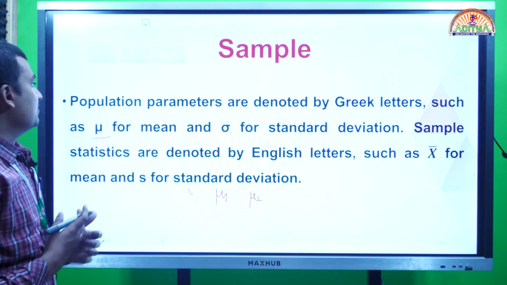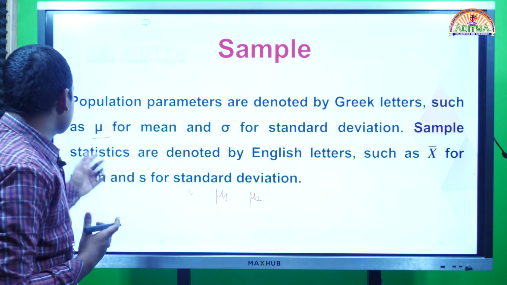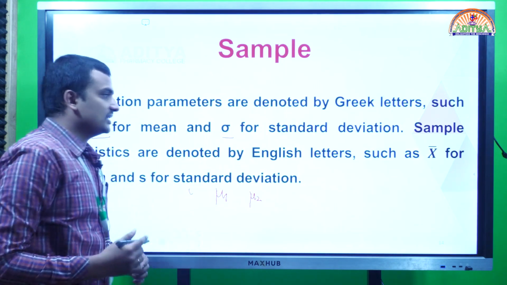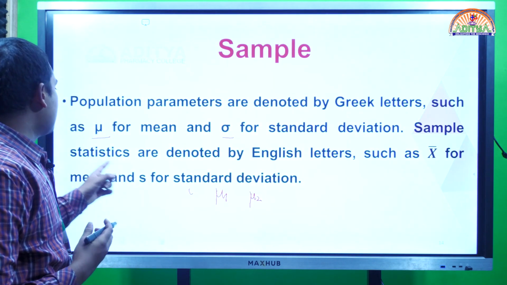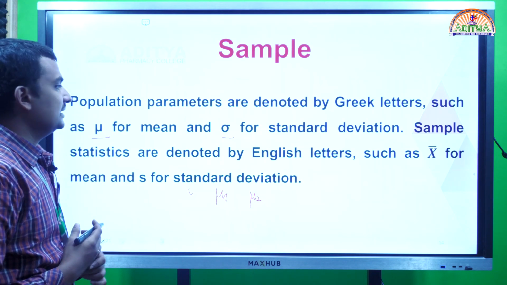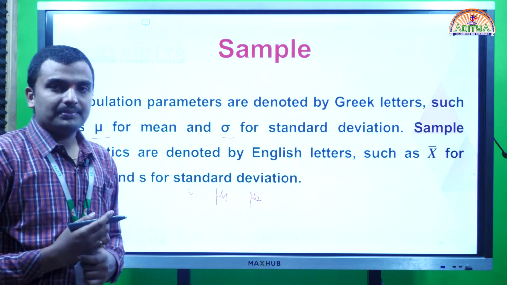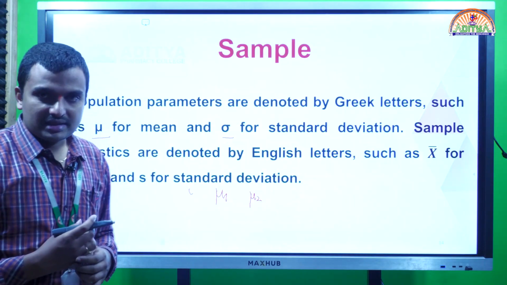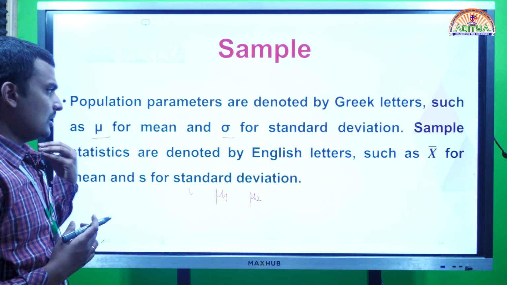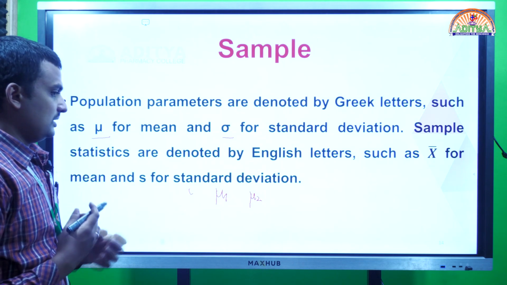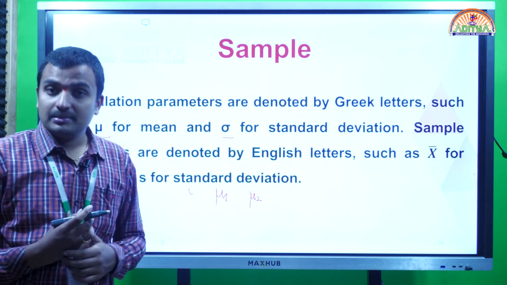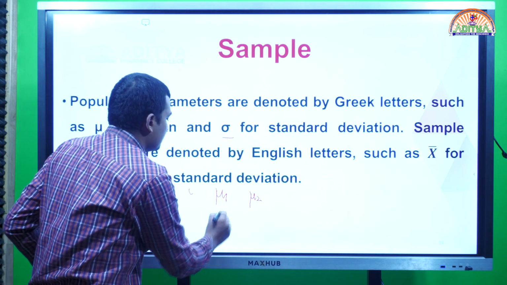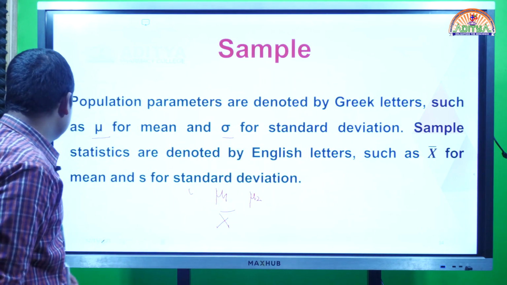So the population parameters are denoted by the Greek letters such as mu for mean and sigma for the standard deviation, and the sample statistics are denoted by the letters such as x bar. For example, if you want to represent the mean of a particular sample, you can represent it by the English letter x bar.